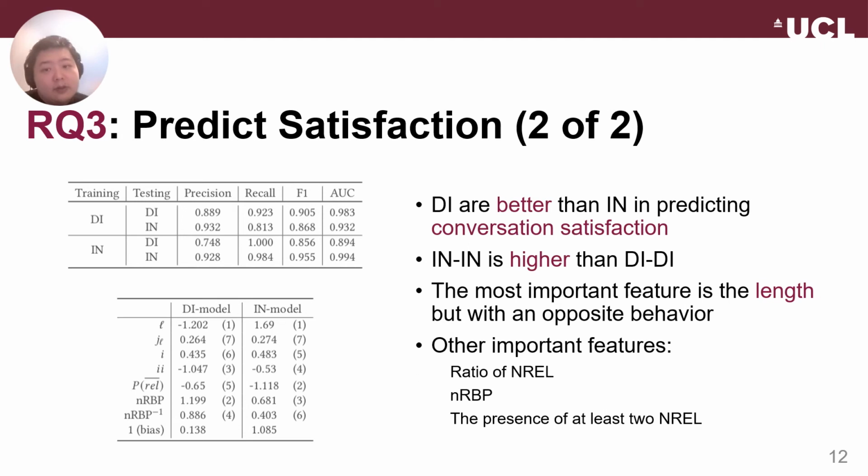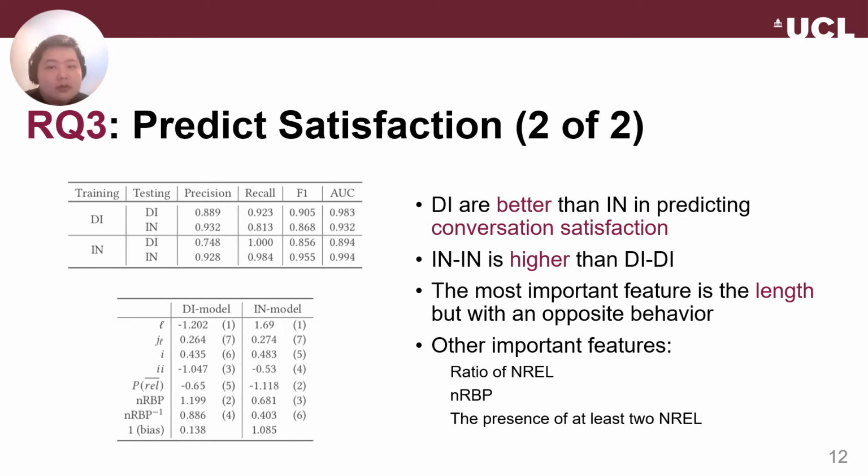Moreover, we observed that the performance of the model trained and tested on indirect assessment, which is the last row, is higher than the model trained and tested on direct one, which is the first row, on every metric. This may be due to a higher agreement on conversational satisfaction we observed in indirect assessment than direct assessment.